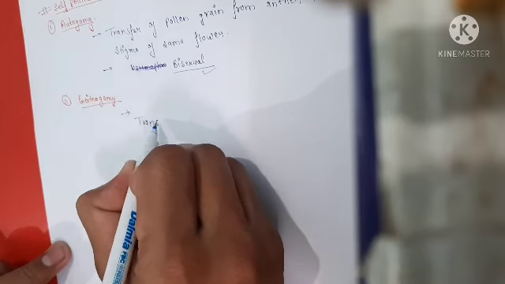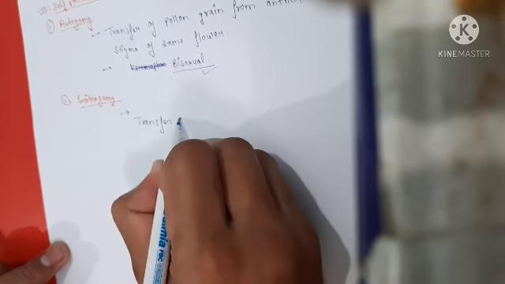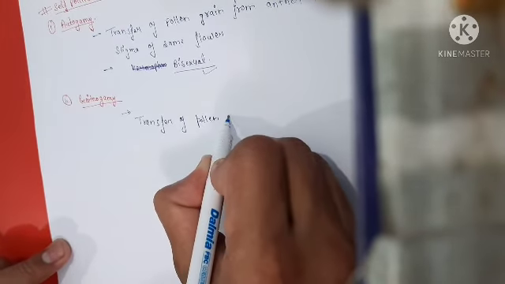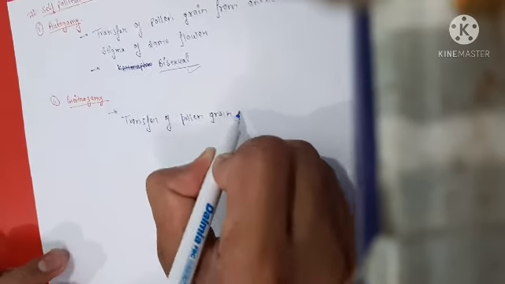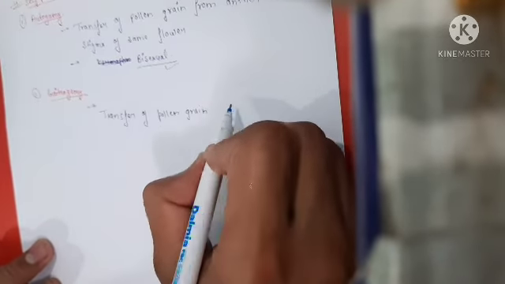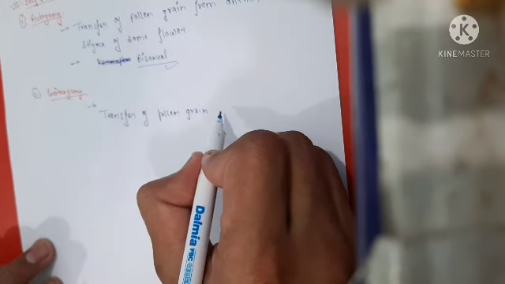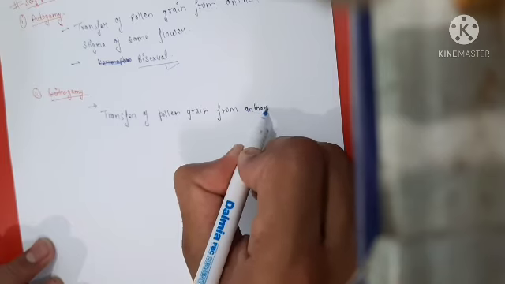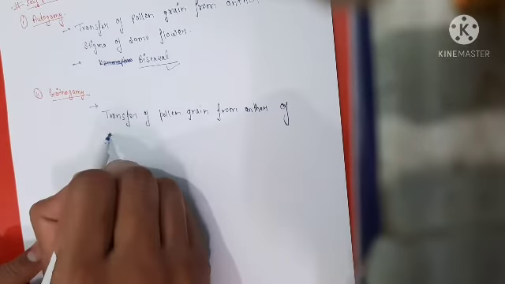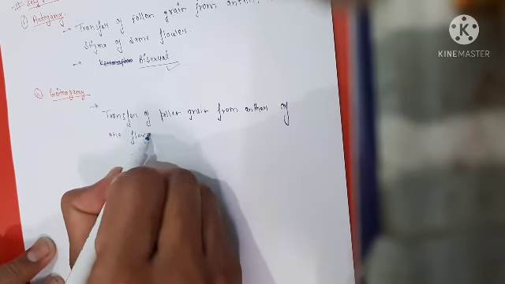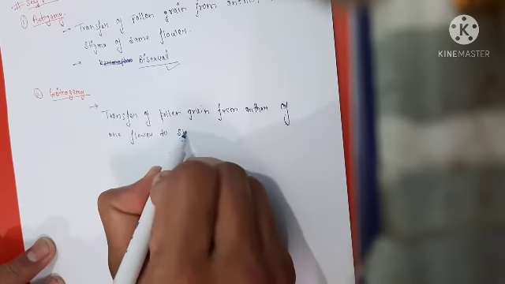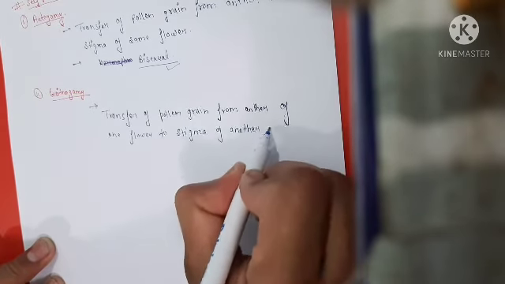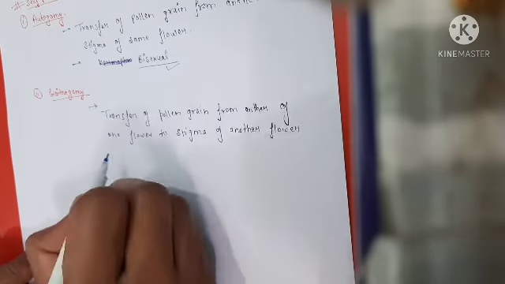Here friends, what will happen? Transfer of pollen grain from anther of one flower to stigma of another flower of the same plant.